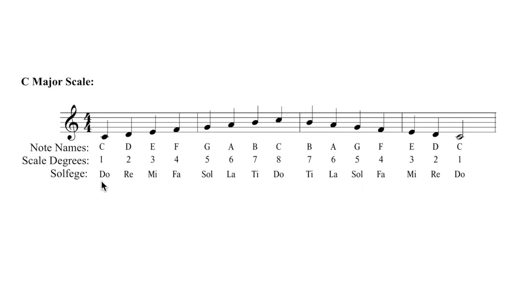Solfege works exactly the same way that scale degrees work, but instead of using numbers on the different scale degrees, we use syllables. And the syllables again are do, re, mi, fa, sol, la, ti, do.